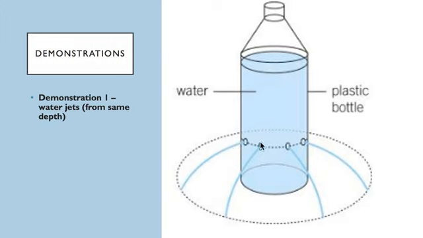All of these jets would be coming out the same distance, and that's because the pressure in a liquid is all to do with the depth of the fluid, and so the depth of the fluid above them would be the same, and so they'd be coming out at the same speed, going out the same distance. But as the water level goes down, these jets of water, these spouts of water, come out less and less fast, and so they go less far because there's less weight of the water above them.